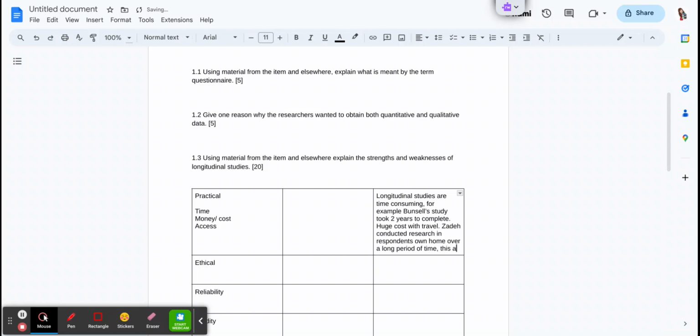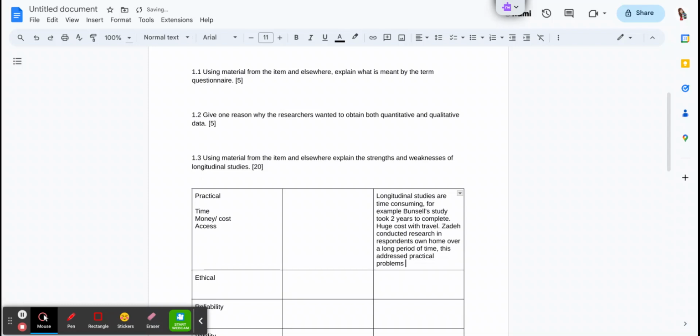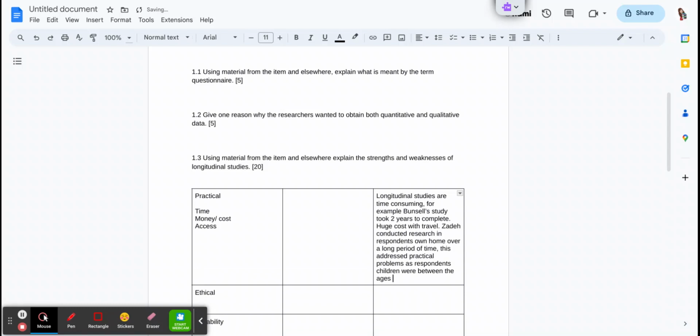This addressed practical problems, as respondents' children were between the ages of 4 to 9.